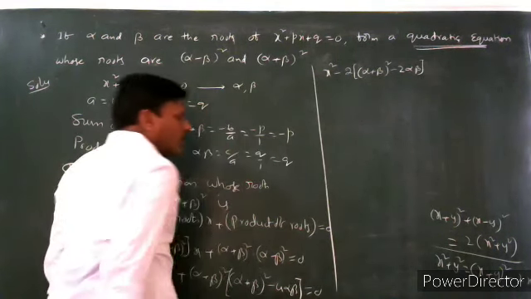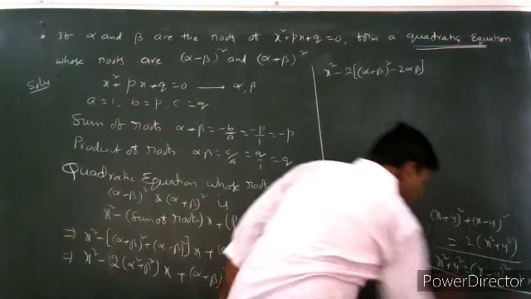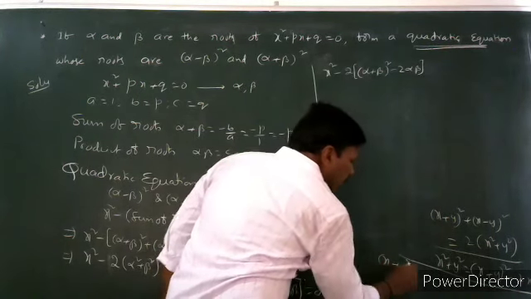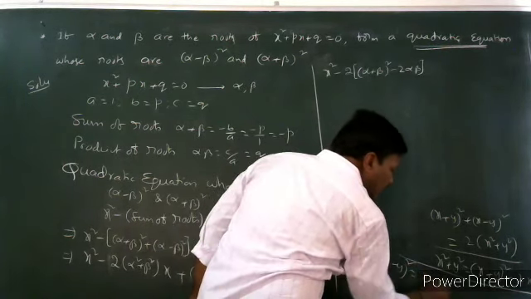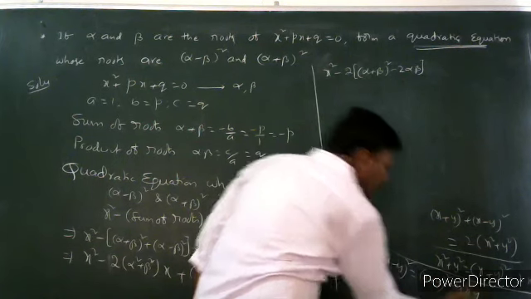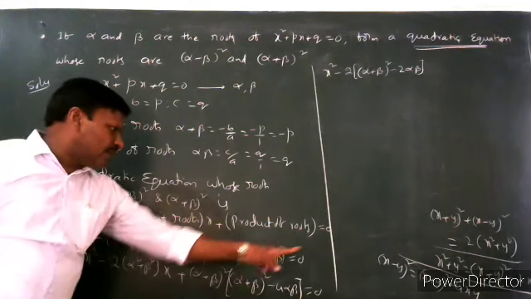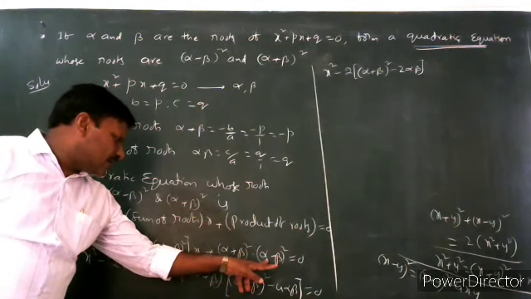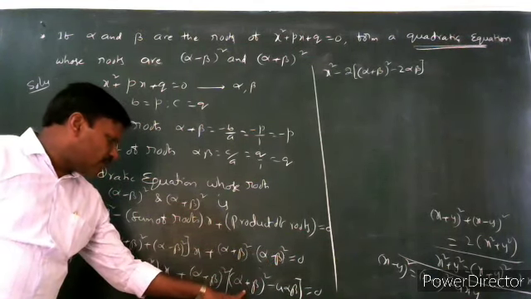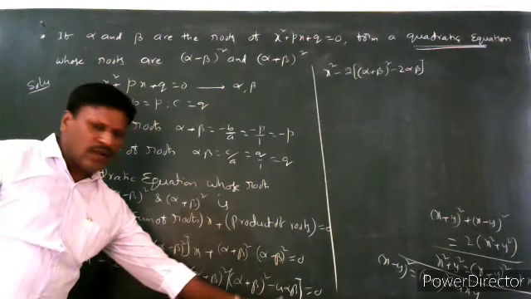One more formula is there: x minus y whole square is equal to x plus y whole square minus 4xy. So here we are using that formula. This alpha minus beta whole square is written as alpha plus beta whole square minus 4 alpha beta.